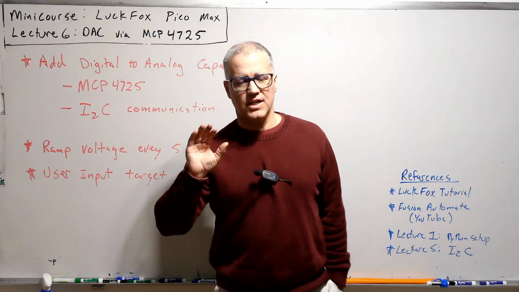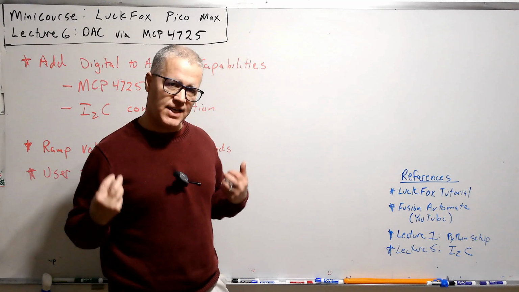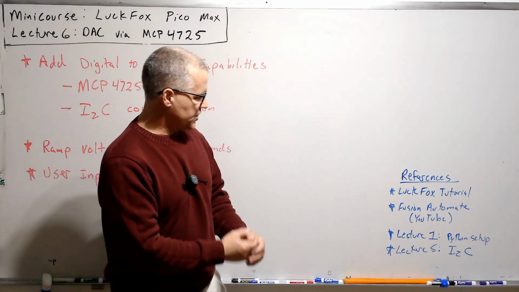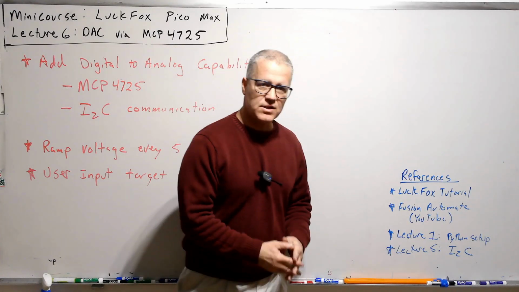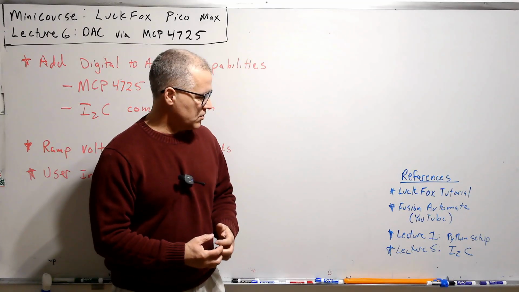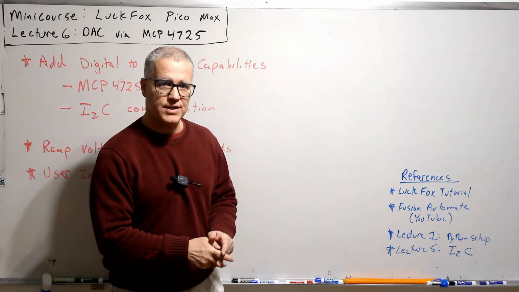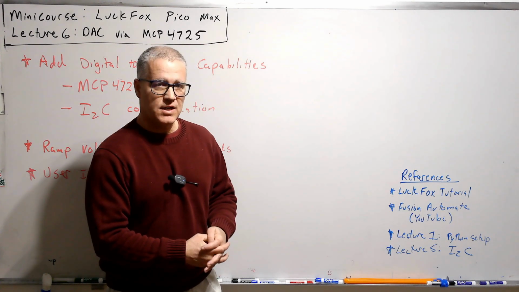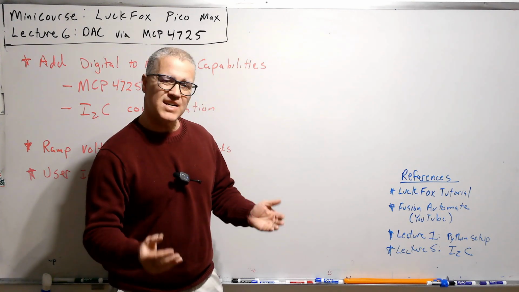If you haven't gone through our series, if you just came to this video directly, you're going to need to do some stuff first. You'll want to go through lecture number 1, where we install a lot of the Python that we're going to need.